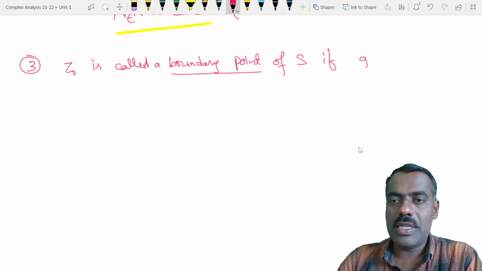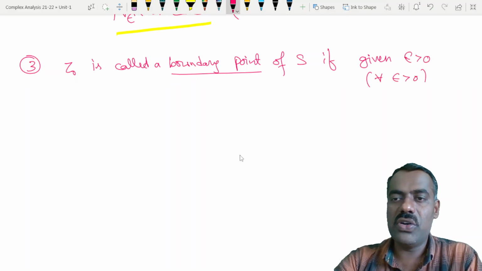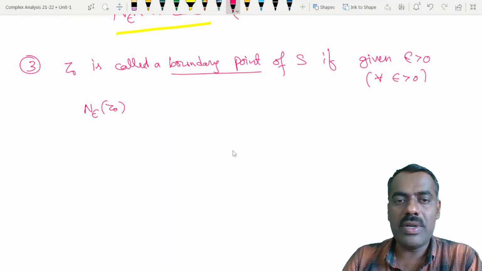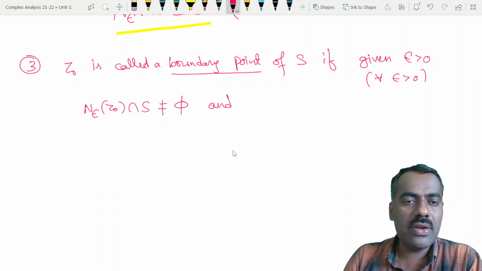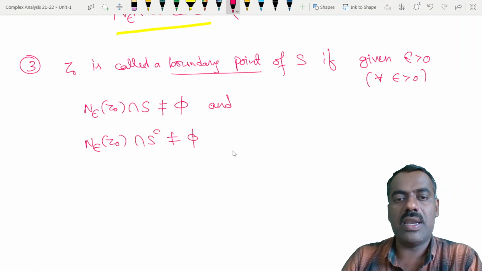That means for all epsilon greater than 0, whatever neighborhood N epsilon Z naught you take, its intersection with S is non-empty, and N epsilon Z naught intersected with S complement is also non-empty.